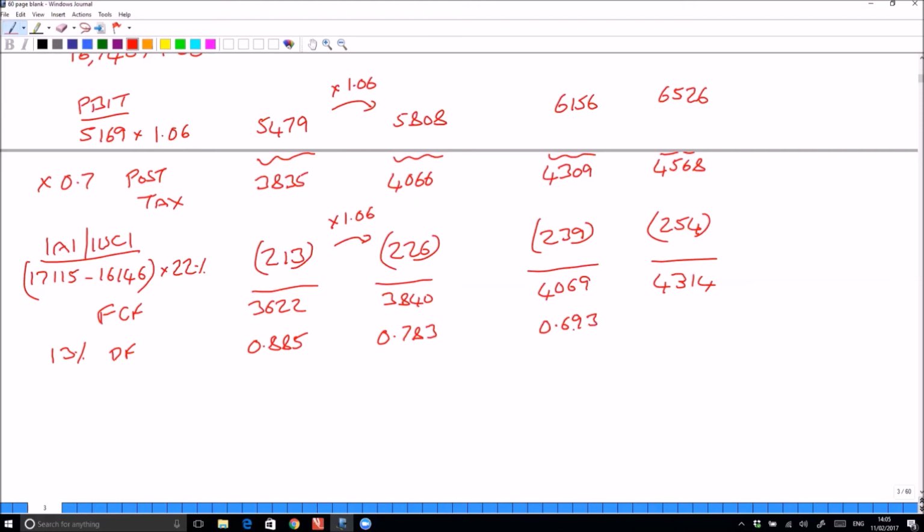And then finally, what's the 4 year discount factor? 0.613. Multiply through to get the present values. And I haven't done this before. So one of you please check me and shout if you think I'm being silly. I think that's 3205.